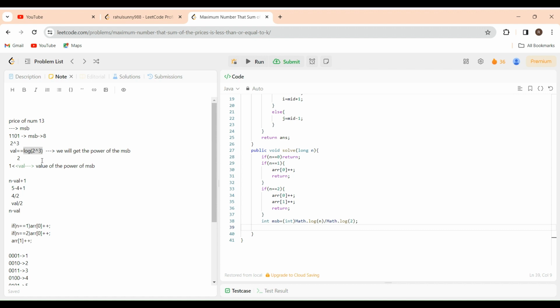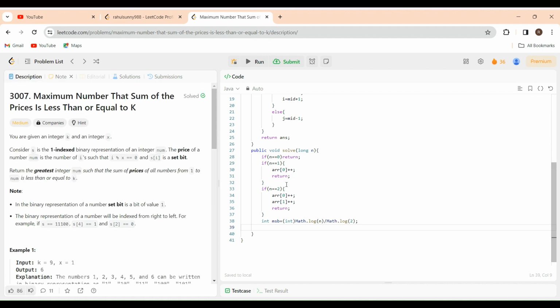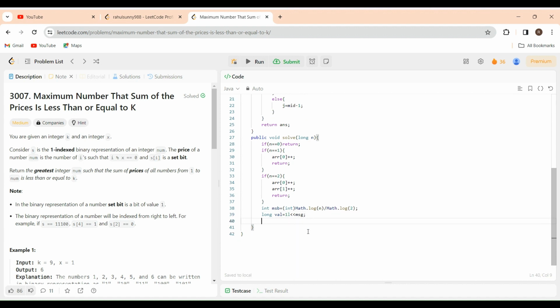How to get that? We need to left shift by one unit: val equal to 1L left shift by MSB. The left shift operation is two less-than symbols, right? We'll be left shifting it.